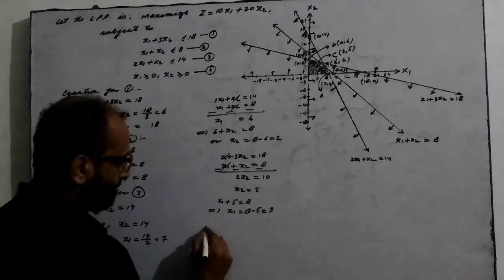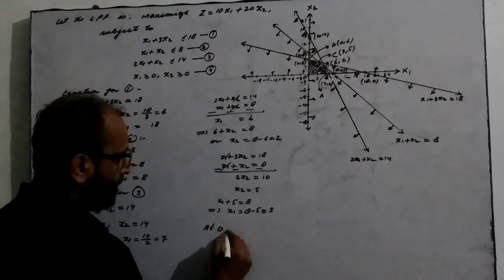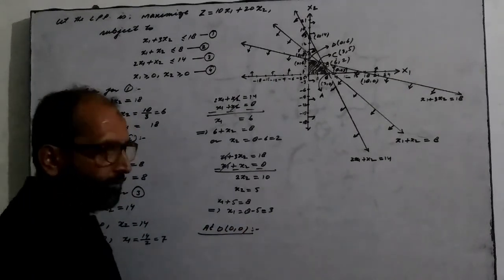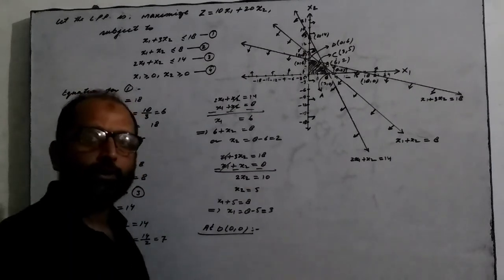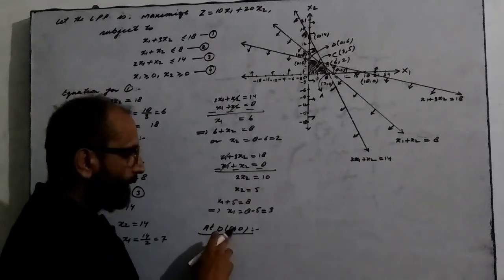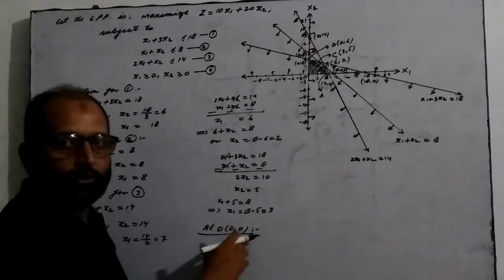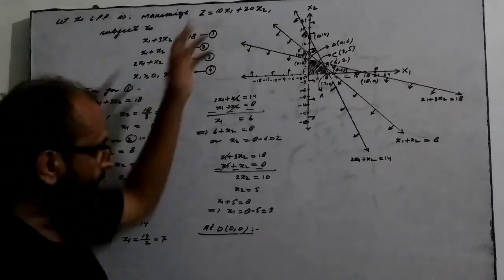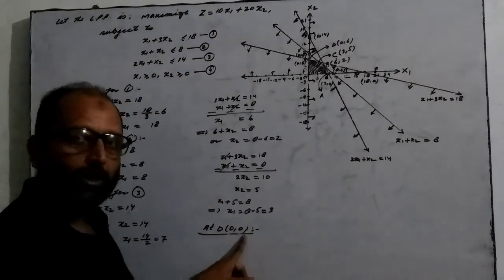Now we write O, that is 0, 0, with coordinates. We write all these corner points one by one, and substituting these values of x1 and x2 at each corner point, we find the value of z.